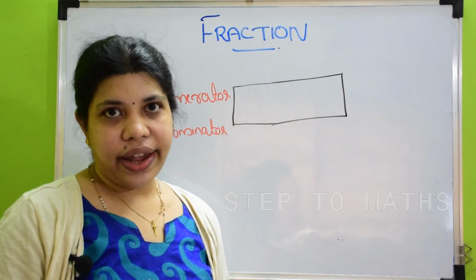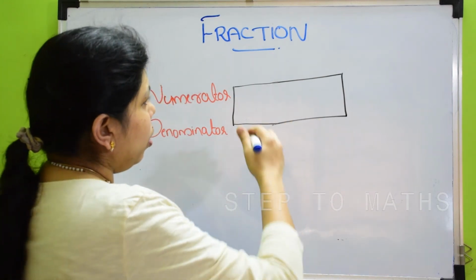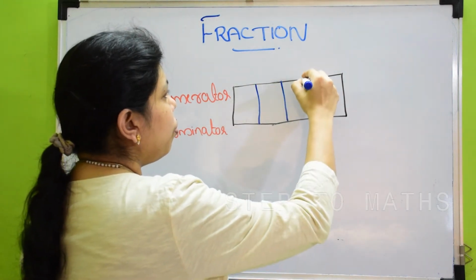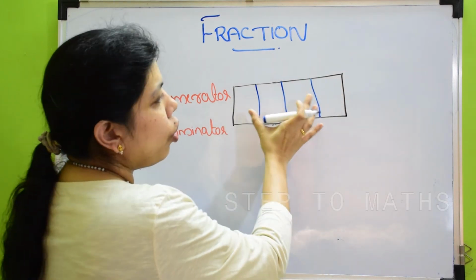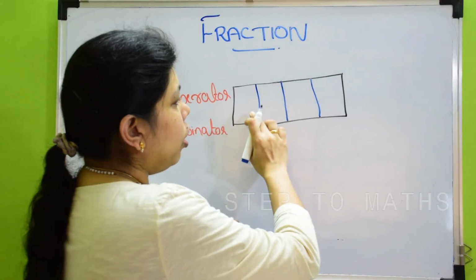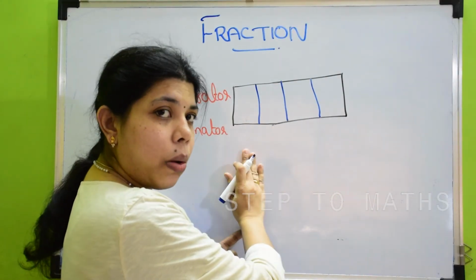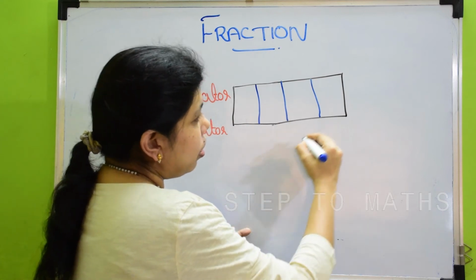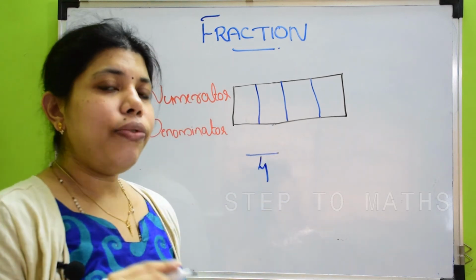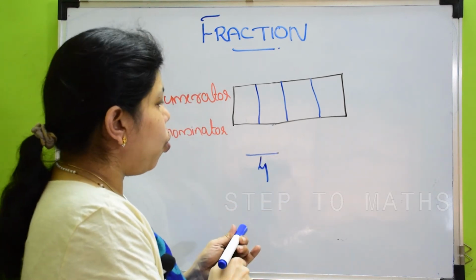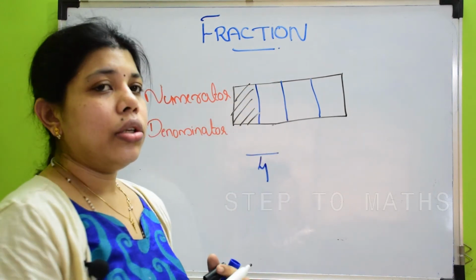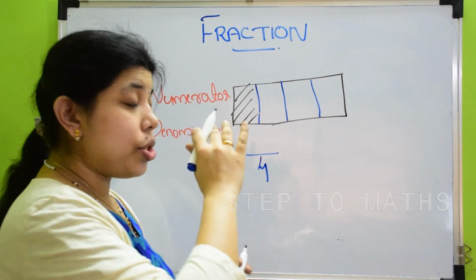Consider this rectangle. We divide this rectangle into 4 equal parts. Now how many parts are available in this whole? 4. So what comes in the denominator? 4. And if we shade one part, now how can we write that relation?